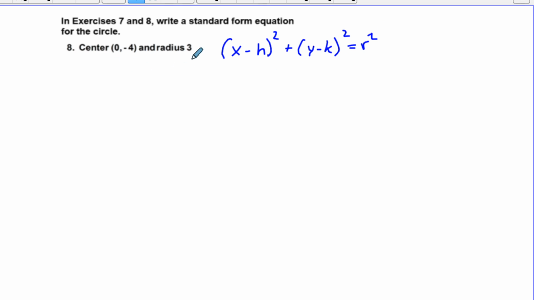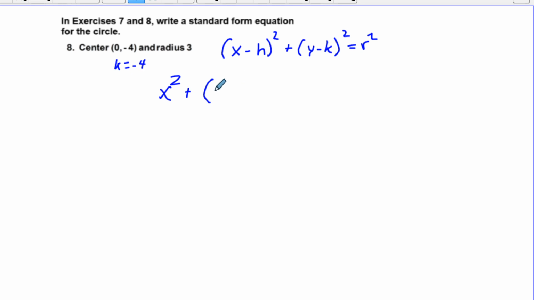So what we have is the center is at 0, so there's no translation to be done left or right. So h is 0. So we're going to have x squared, plus, and k is equal to negative 4.